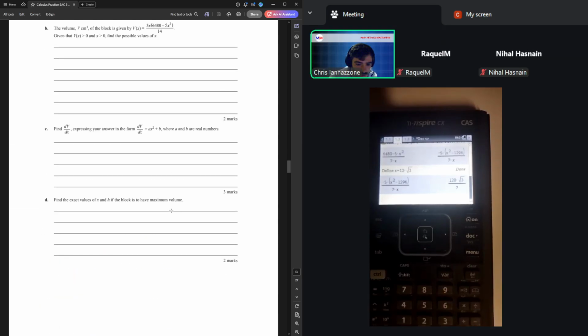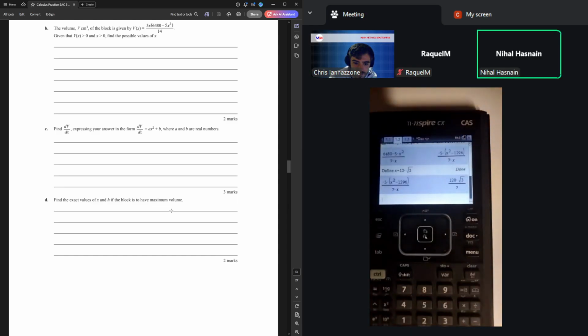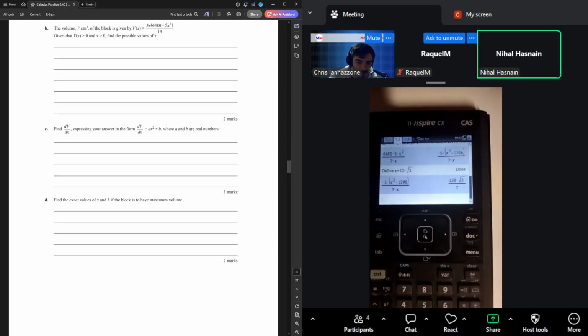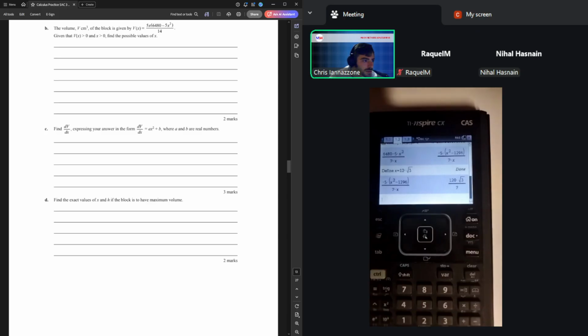Yeah, go for it. As I don't have my CAS with me, I'm trying to use GeoGebra. Do you know how I can change the dimensions of the graphs so I can fit them all? I don't even know if I've used it before. Let me see. Cogwheel at the top right.